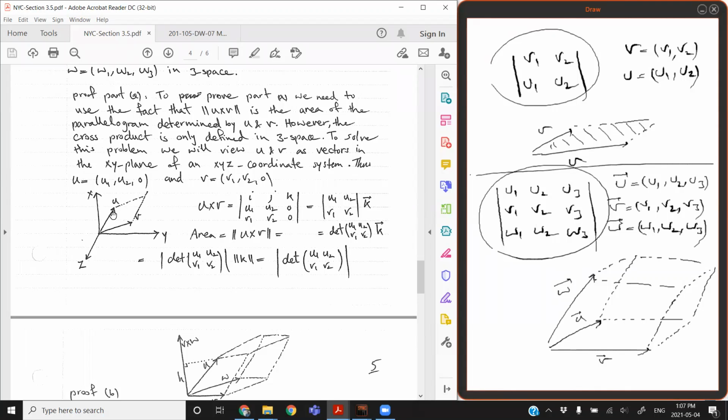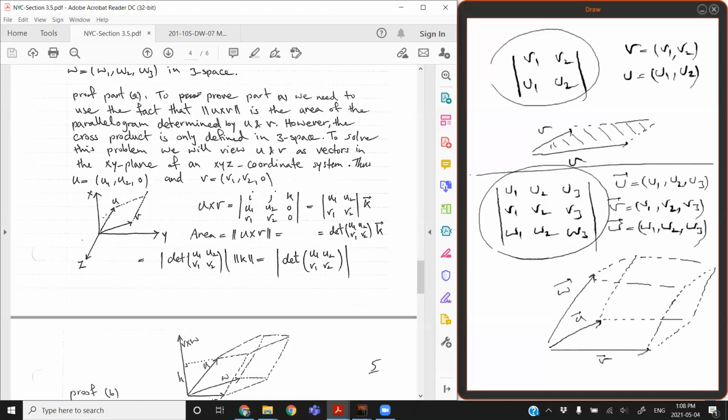So imagine that u and v are vectors in the xy plane, but we want to depict that in 3-dimensional space. So there is a third dimension z, but the vectors u and v are inside the xy plane. So what happens if I want to express this 2-dimensional vector in 3-dimensional space?